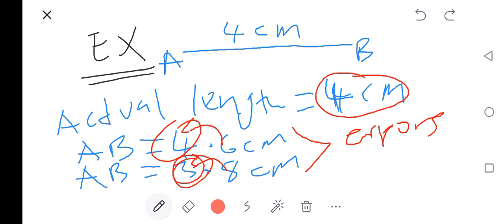So you've seen that the first one, the error is very big. It's too big. Are you following? The second one, the error is very minimal. So if they were to mark this, I think it would be number 2.